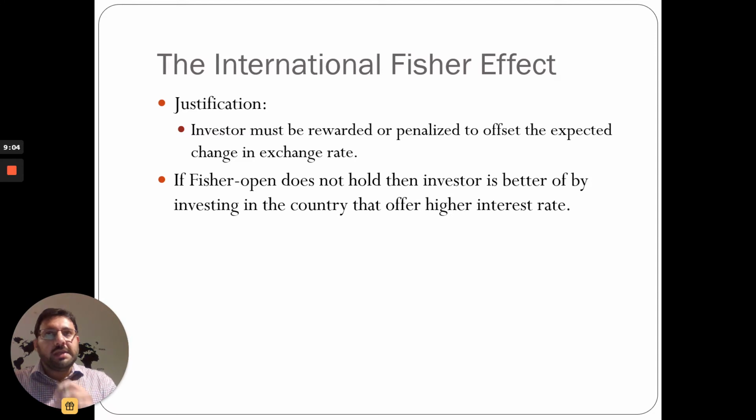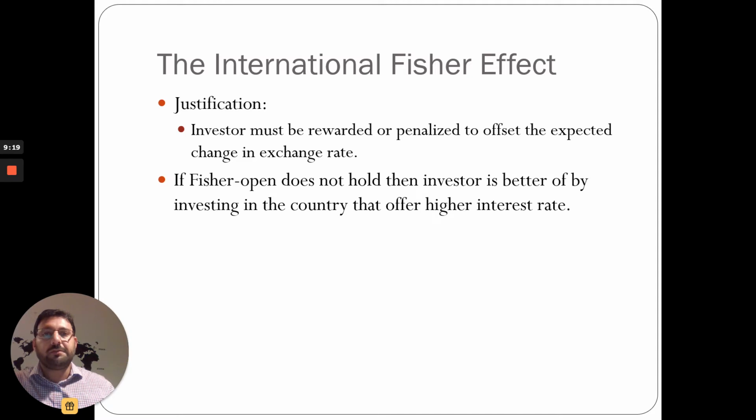So it means that if anyone gives you the interest rates of the two countries and the spot rate, you can find the spot rate after a particular period.